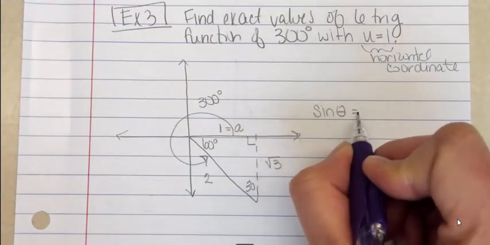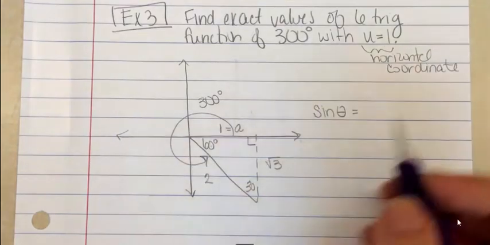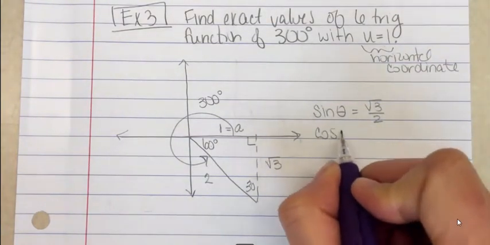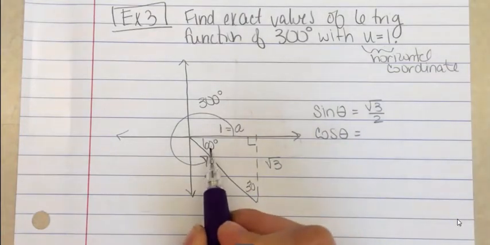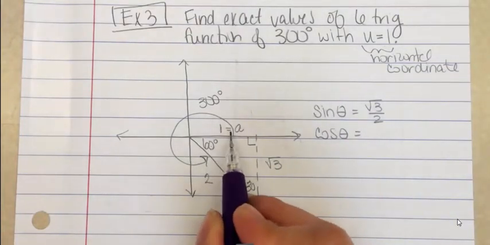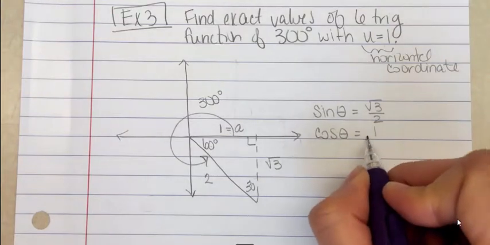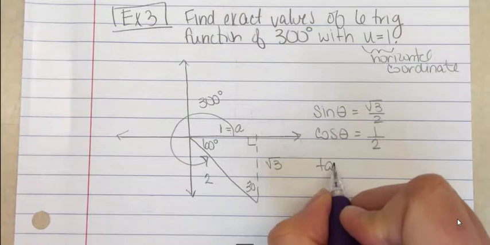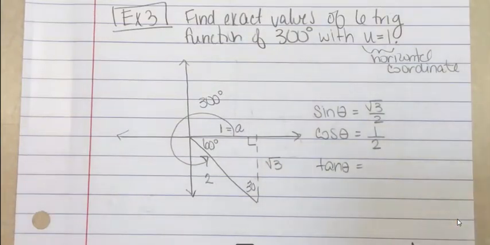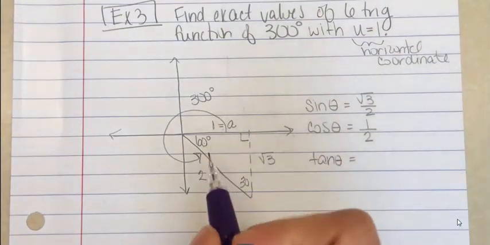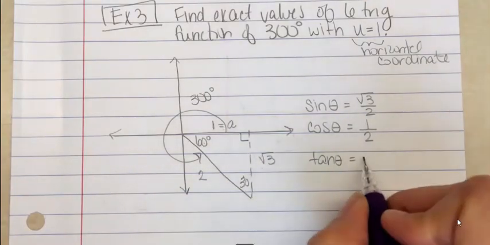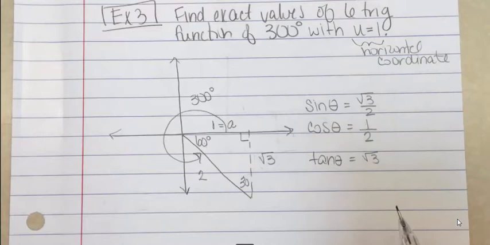So sine of theta is going to be opposite over hypotenuse, which is root 3 over 2. Cosine of theta is going to be adjacent over hypotenuse, so that's going to be 1 over 2. And then tan of theta is going to be, let's see, opposite over adjacent, so root 3 over 1, or just root 3.